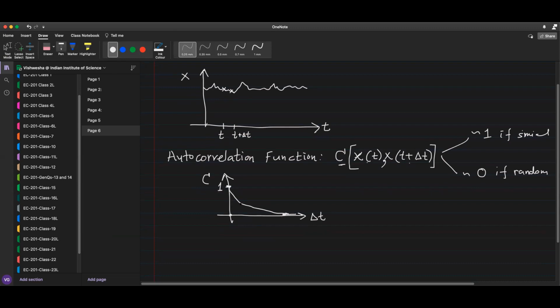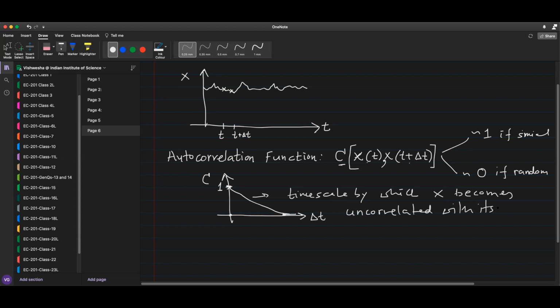Now you can see how rapidly this function is decaying to 0. The time scale by which x becomes uncorrelated with itself, somewhere here, no?